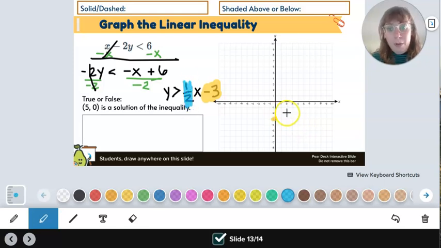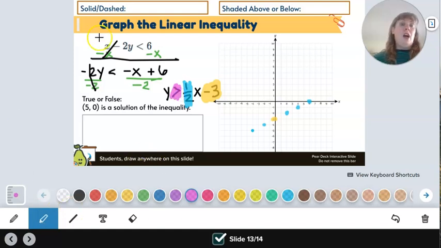So we're going to go up 1 over 2, up 1 over 2, or down 1, left 2, down 1, left 2. It is a greater than symbol, so we are going to keep it dashed. And because it's greater, we're going to shade above.